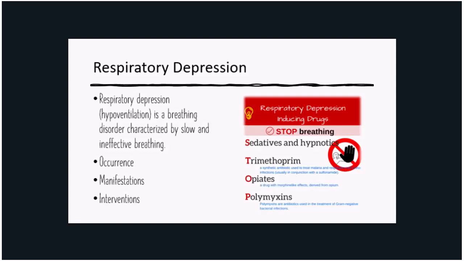So the interventions you should implement for this patient to prevent respiratory depression is monitor the respiratory rate and rhythm, monitor their level of consciousness, regulate narcotics, oxygen therapy, and then always have that narcotic antagonist handy, naloxone.